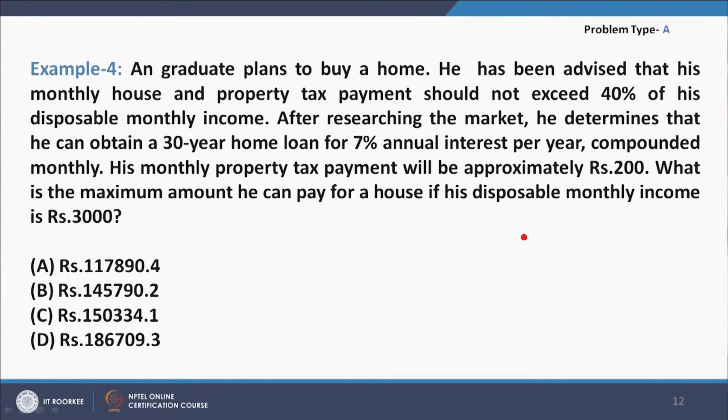After researching the market, he determines that he can obtain a 30-year home loan for 7% annual interest compounded monthly. His monthly property tax will be approximately rupees 200. What is the maximum amount he can pay for a house if his disposable monthly income is 3,000 rupees? Let us see the solution.